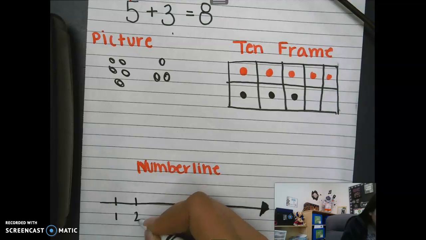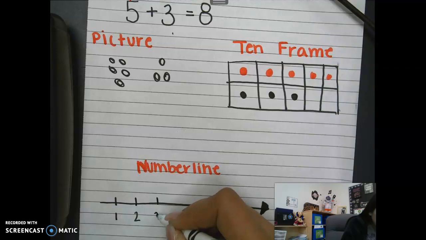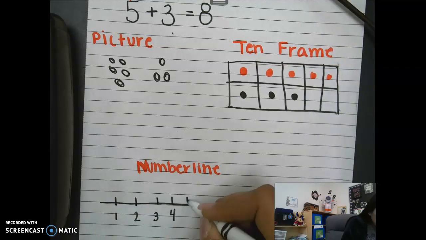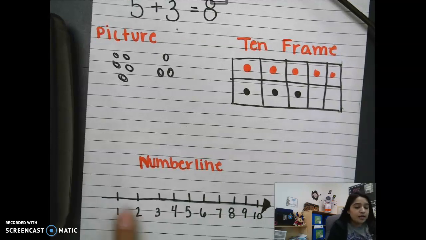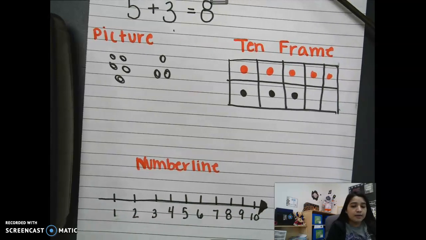Make a line. 2, 3, 4, 5, 6, 7, 8, 9, 10. So we're going to go ahead and number it 1 through 10, just like I have right here.